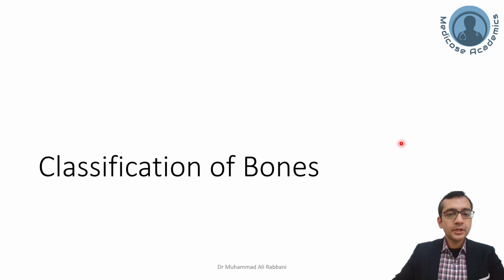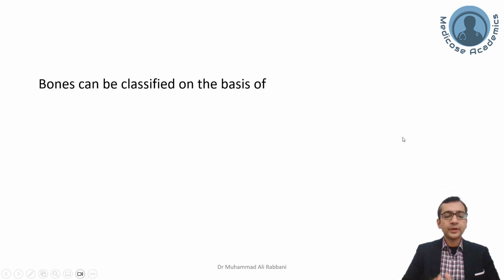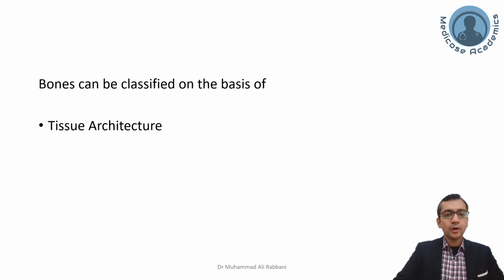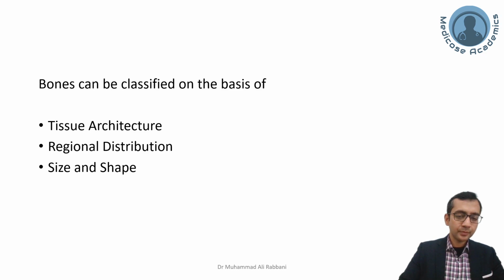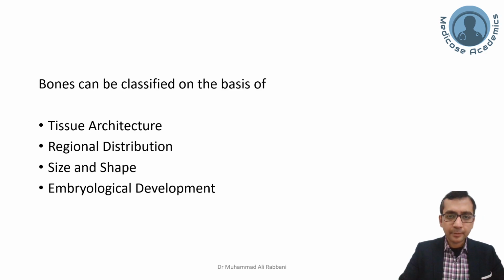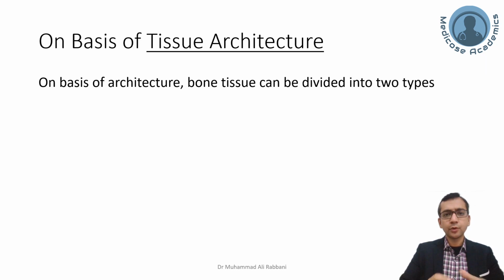Let us talk about the classification of the bones. We can classify the bones on various grounds: on the basis of tissue architecture, regional distribution, size and shape, and how they develop embryologically. Let us start with tissue architecture. You don't have to go into microscopic details.